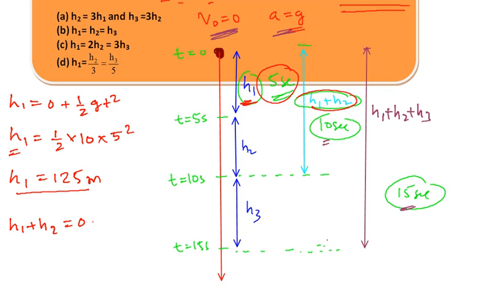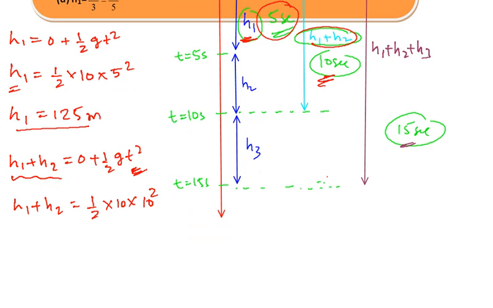V naught is 0, and to travel h1 plus h2 the time is 10 seconds. Therefore h1 plus h2 equals half into 10 into 10 square. 10 square is 100, 100 into 10 is 1000, 1000 by 2 is 500. That means h1 plus h2 equals 500.